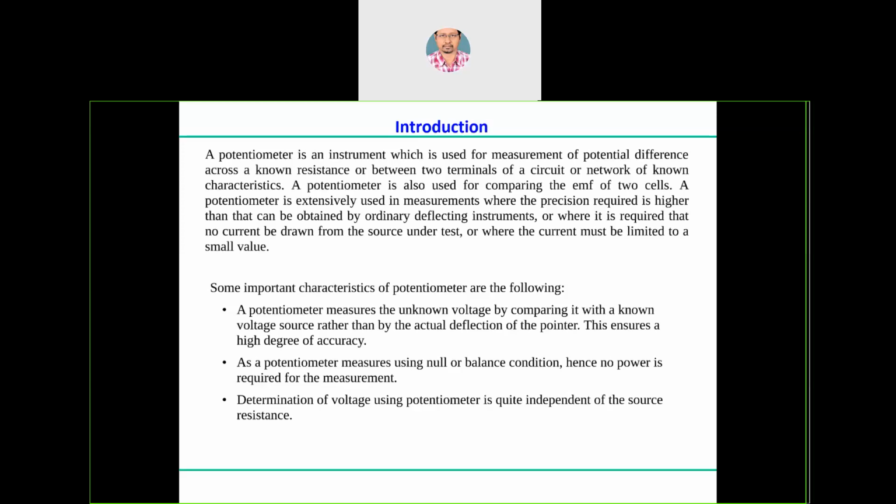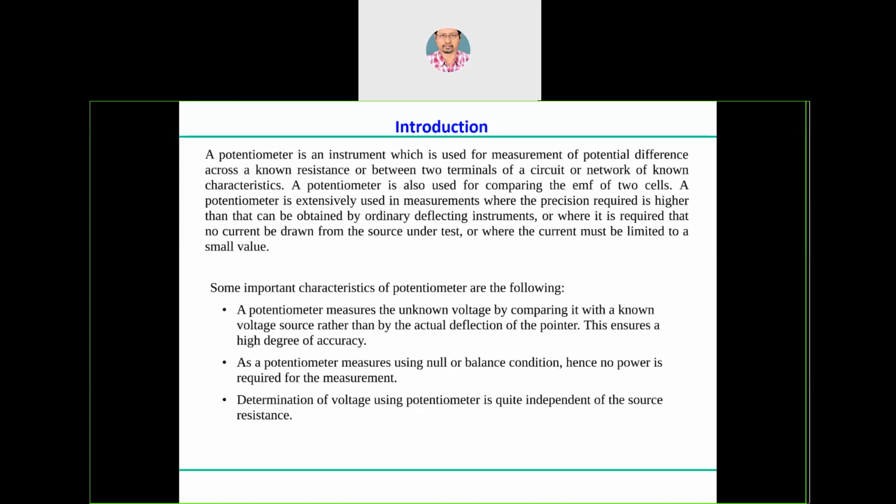In other words, there is no power requirement to pursue the measurement. What can be better than this? The measurement you are pursuing attains a very high degree of accuracy of the results, by investing zero power. Further, the determination of voltage using the potentiometer is quite independent of the source resistance.